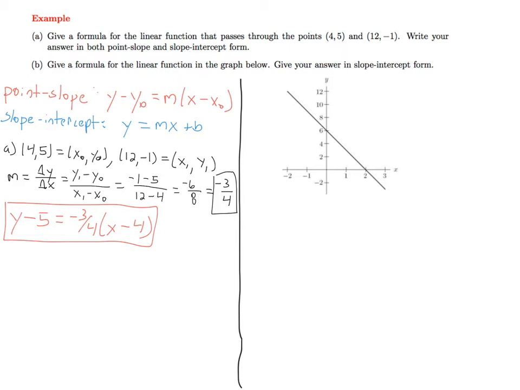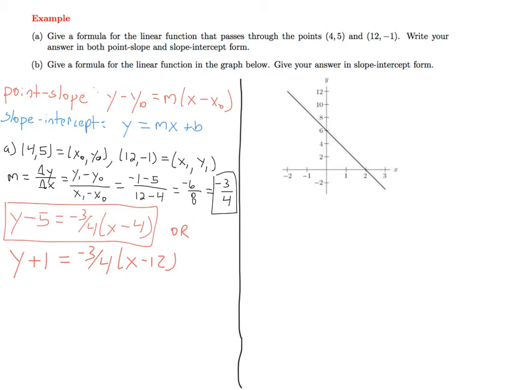For example, I could have chosen the other point at (12, -1), and this would have given me another way of writing this out in point-slope form, for example, as y minus (-1), in other words, y plus 1 is equal to -3/4 times (x minus 12). Okay, so either of these forms would have been fine. So it doesn't matter which point you choose when you write out the point-slope form.